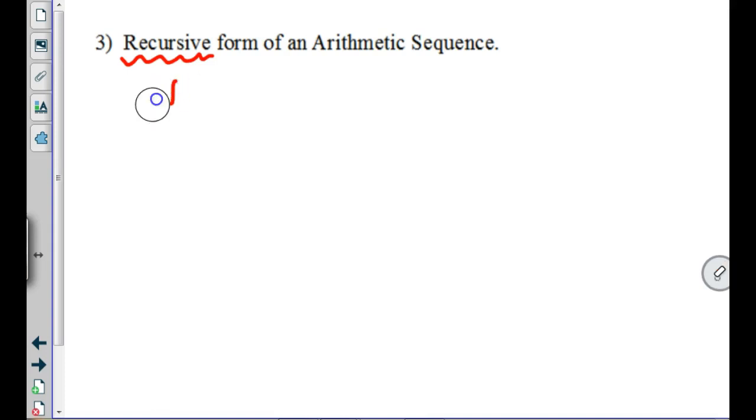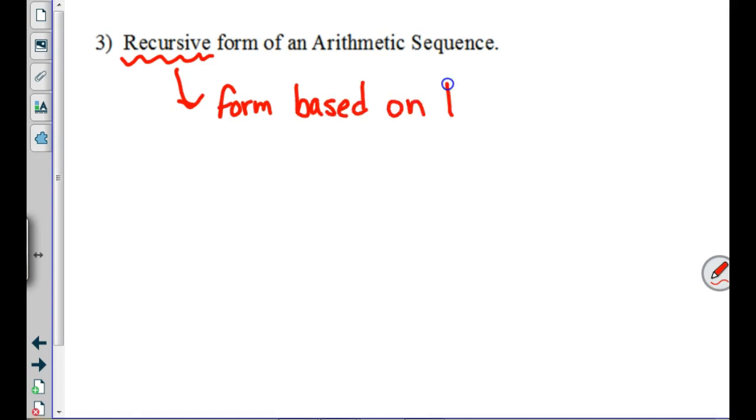Let's just write based on the previous term. So this is a really easy one to write.